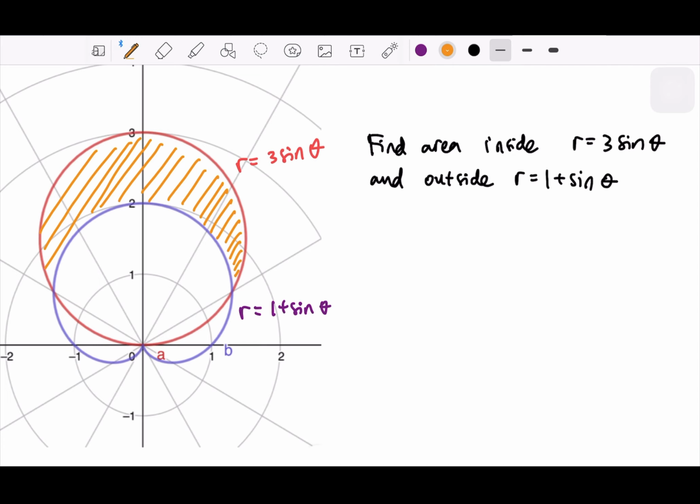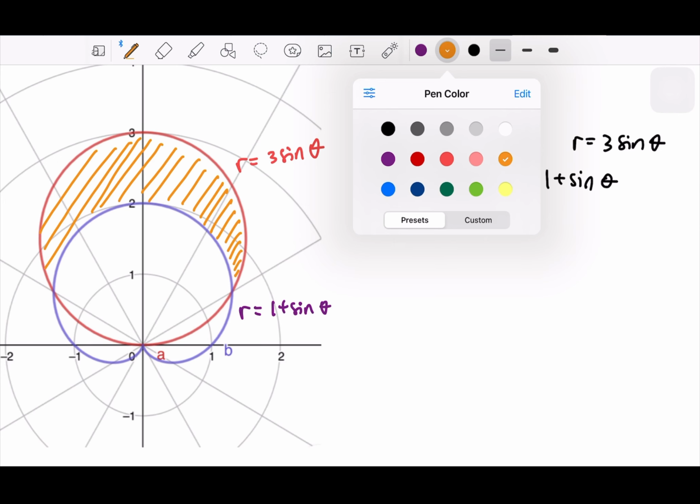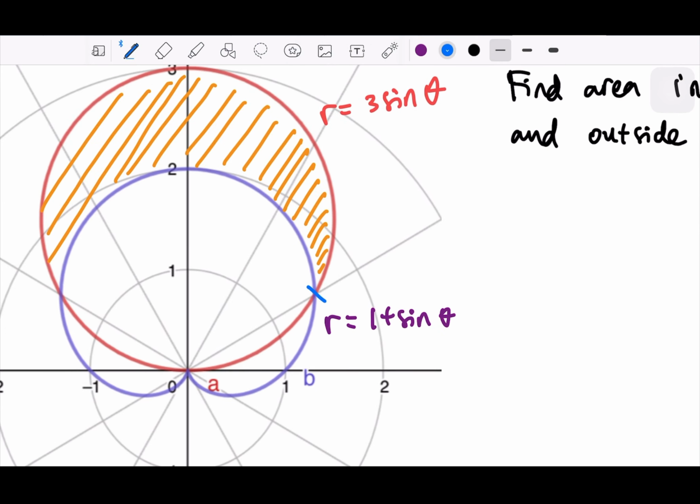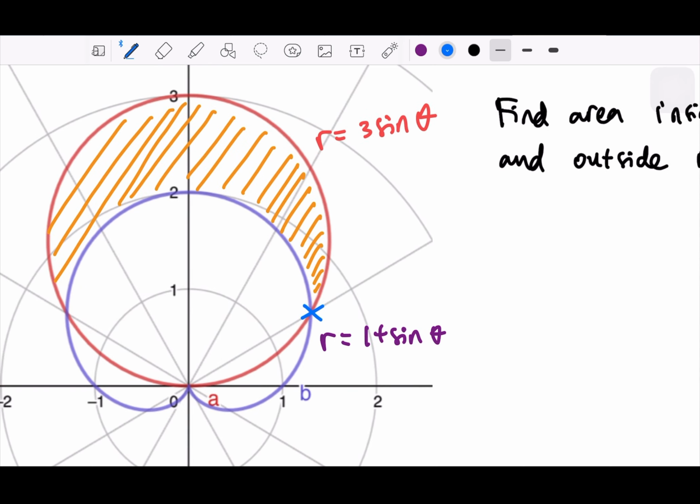Now to evaluate, in the polar, what we need is to know the interval of the angle. So first, we need to check this interval, because of the symmetry, we can evaluate from this blue cross here until pi/2, and then multiply by 2, right?